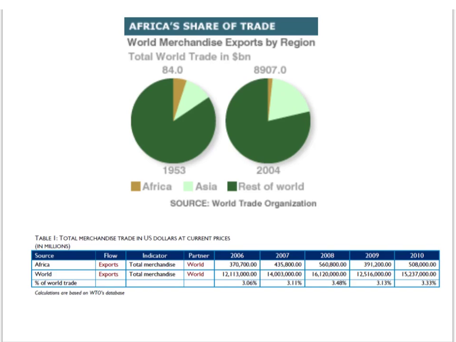Since 2004, Africa has increased its share of international trade by a little bit, and from the mid-2000s we can see that Africa's share of international trade has been around 3 to 3.5%.